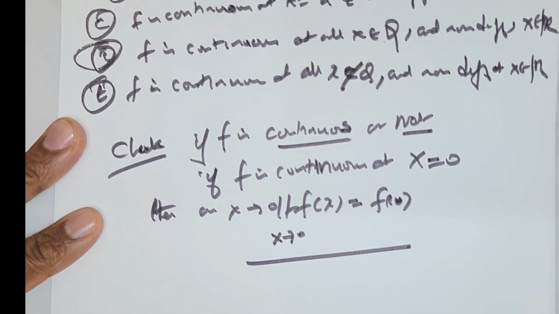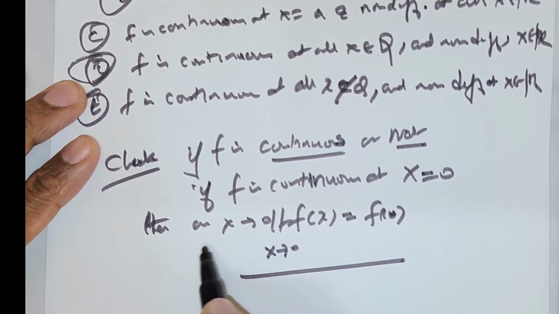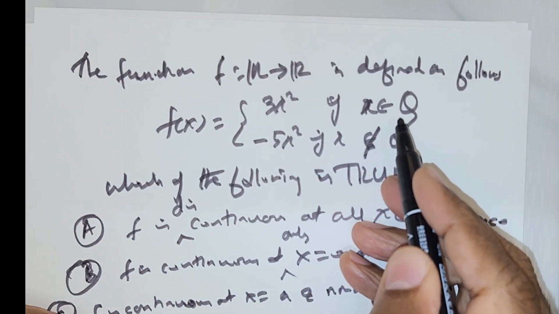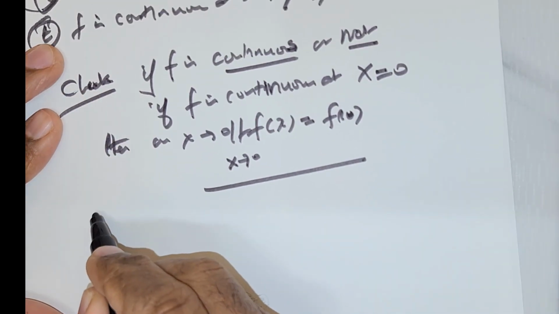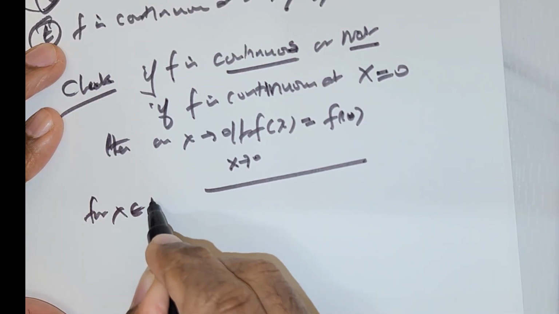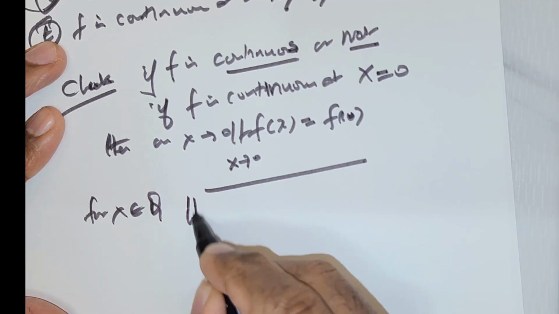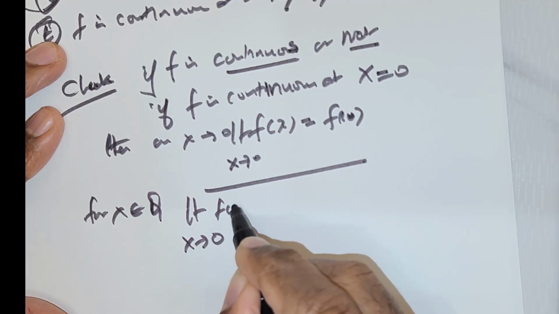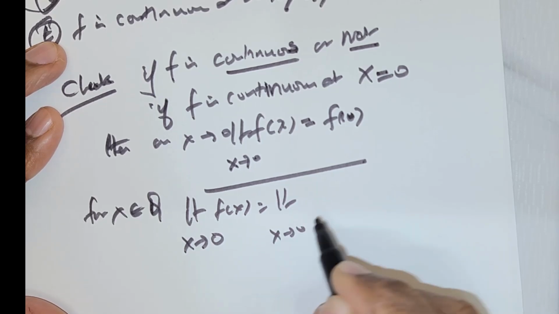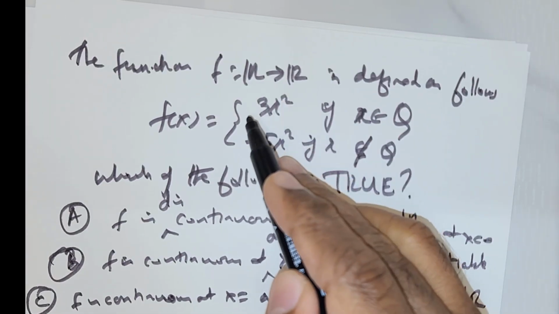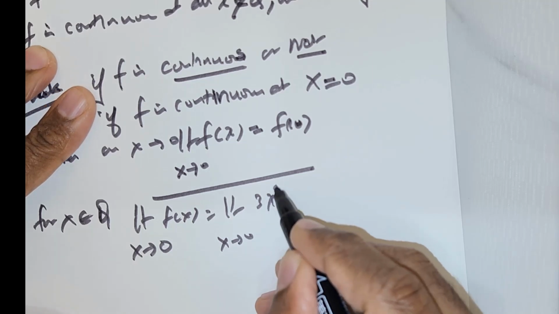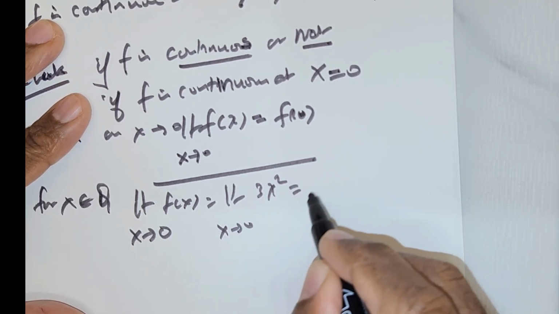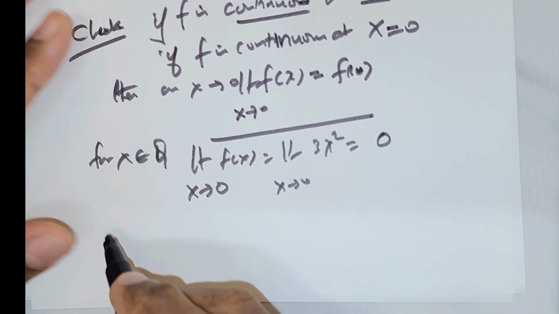So let's do that. First we make the check for x element of Q. For x a rational number, the limit as x tends to 0 of f of x is the limit of 3x squared, which when we apply the limits gives us 0.